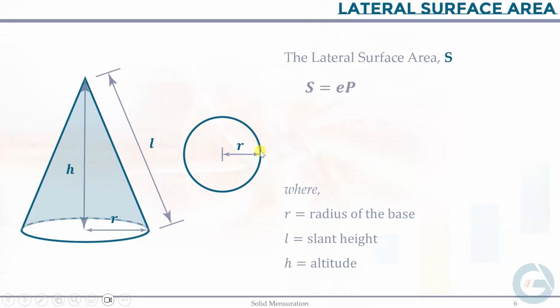But since this is a circle, it is the circumference. So the formula will become S equals pi times r. So instead of 2 pi r, we only get half of the circumference. Okay, so that is the formula: pi r times l, which is the slant height. So we'll be using this one for our problem.